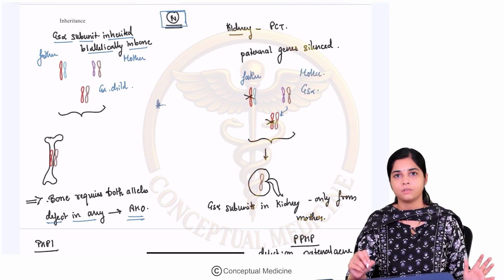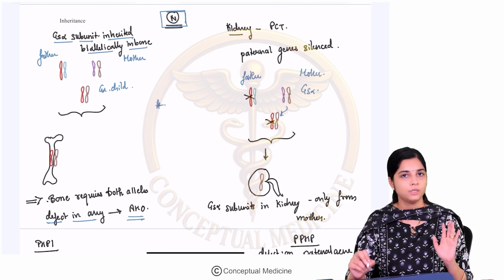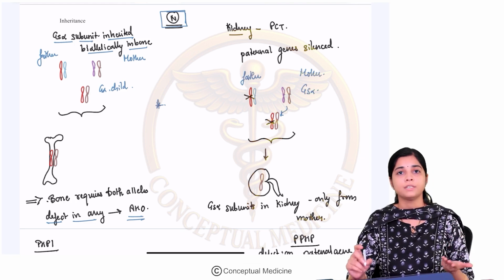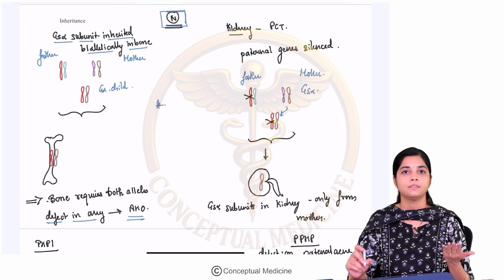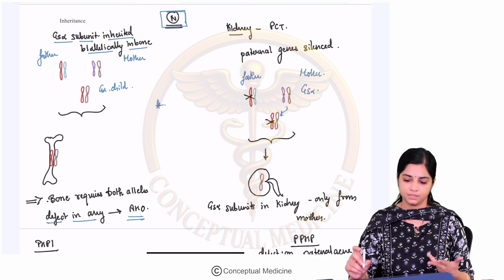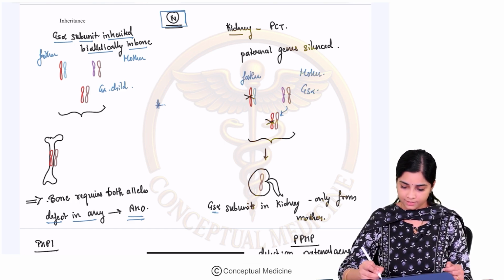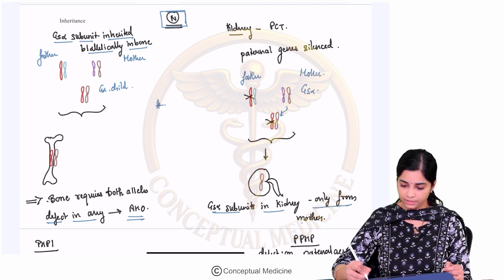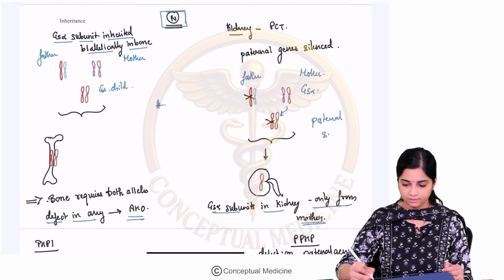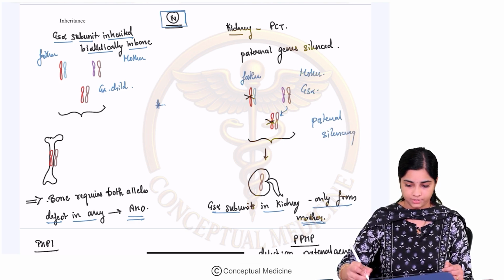I am not talking about the pathology of pseudo-hypoparathyroidism at all. So whatever Gs alpha subunit you are getting in the kidney for the action of PTH on the kidney, it is from the mother only. So Gs alpha subunits in the kidney are only from the mother because there is paternal silencing, and this is a normal process.